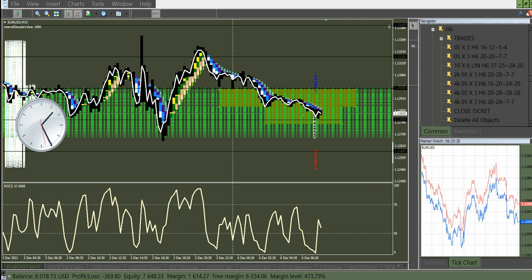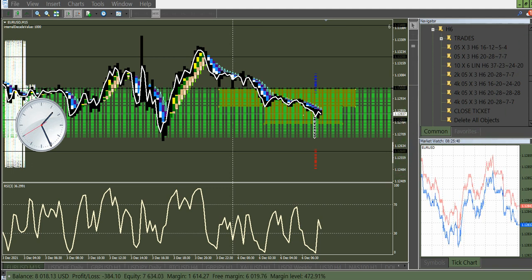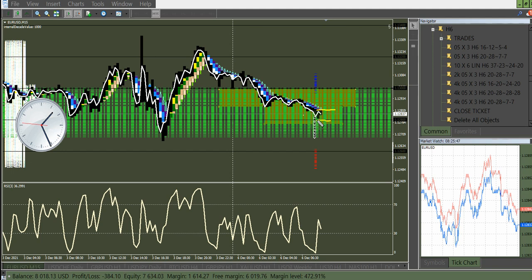The friend's not your trend. The friend is never your trend. You don't look for friends for trends. This is what happens to people. So this is a resistance here, support here for the moment on the 15.